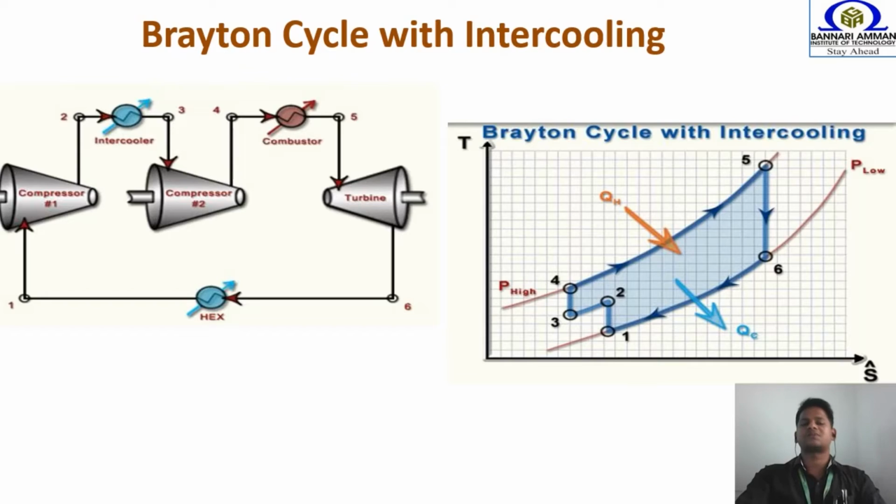To avoid these technical issues, we provide the heat exchanger which removes the heat energy. So what happened? The temperature is reduced and volume is decreased, so the density is also increasing. Keep this in your mind: density is always inversely proportional to the temperature. Okay, so this is how the intercooling Brayton cycle is working.